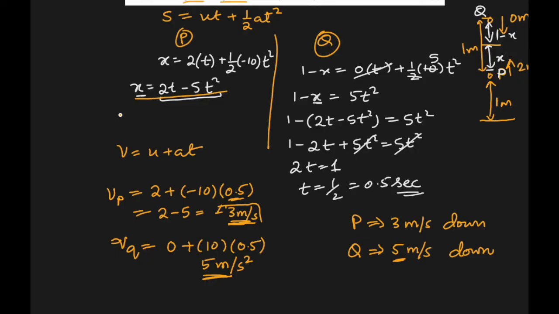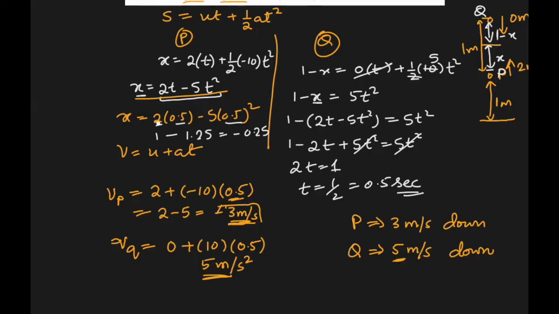Yeah, let's find x. x is equal to 2 times 0.5, the time we got, minus 5 times 0.5 square. So 2 times 0.5 will be 1, minus 5 times 0.25, which is minus 1.25. So it is minus 0.25.